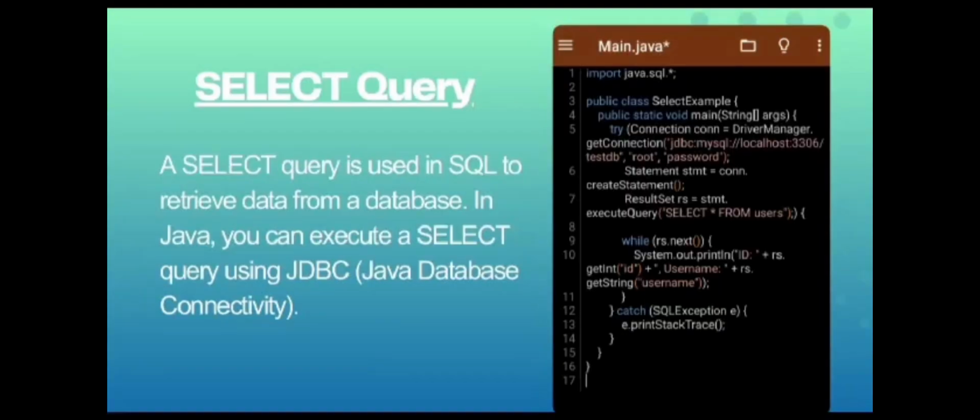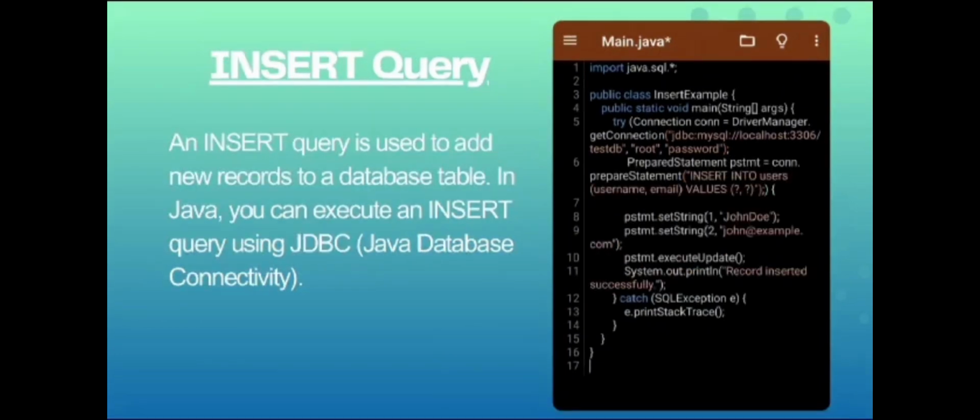The select query allows data retrieval from a database. Using JDBC in Java, you can connect to the database, execute the query, and process the returned data using a ResultSet. This process is essential for displaying or using data from the database in a Java application.